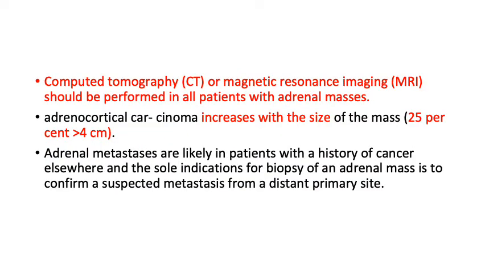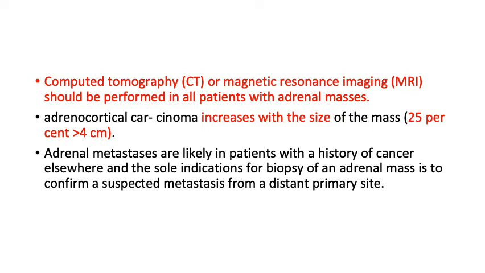The next investigation is radiology. All patients with an adrenal mass discovered as incidentaloma should undergo a computed tomography, CT scan, or a magnetic resonance imaging, MRI. What is important in the imaging study is the size of the tumor.